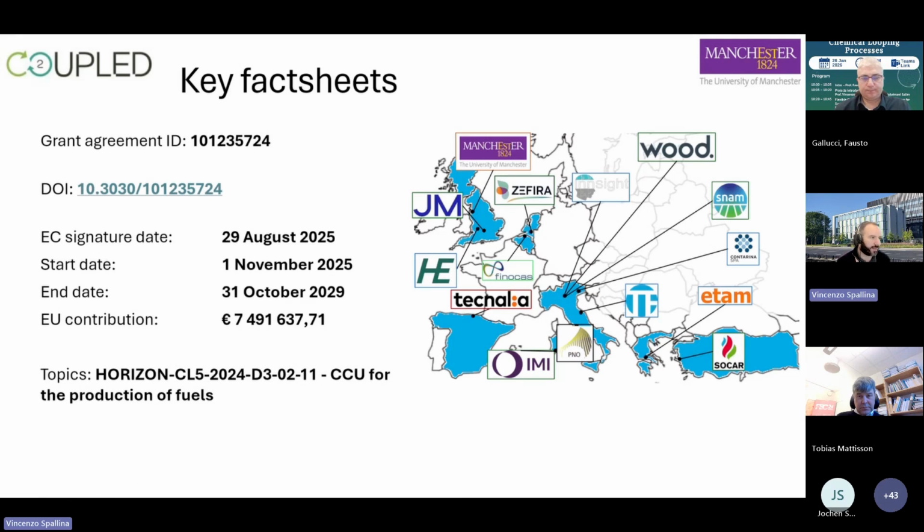We have also partners in Italy, such as Insight, Wood, Snam, Contarina, Techfem, PNO, and IMI, and then partner from Greece, Etam, and partner from Turkey, which is Sokar, and from Spain, Technalia.